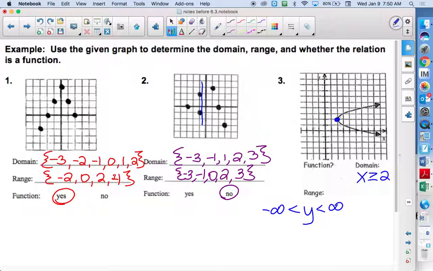The other way we wrote a graph when it hit every single value is also to use the all real numbers symbol. So it stretches down to negative infinity, it stretches all the way up to positive infinity. These little arrows mean it's going to continue to go on, and just continue to stretch and get wider and wider.